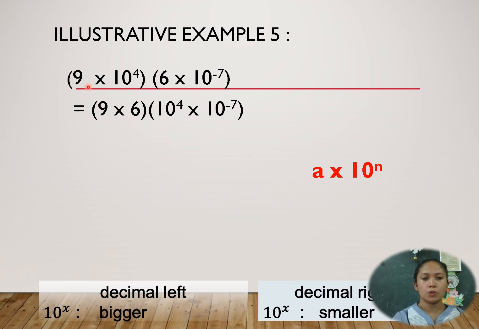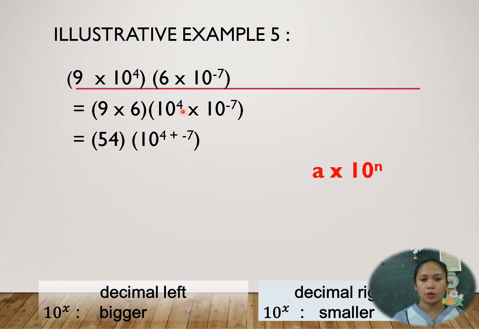Simplifying, we will just multiply the first factors, 9 times 6. And for the second factors, 10 to the power of 4 times 10 to the power of negative 7. Simplifying further, 9 times 6 is equal to 54.